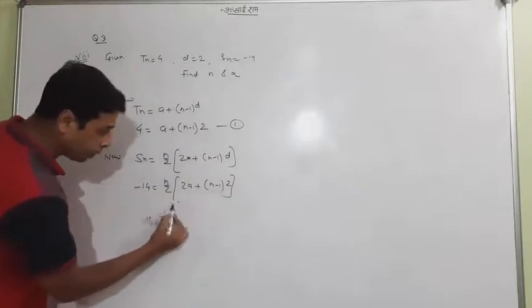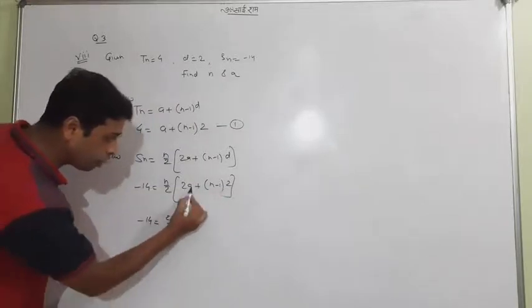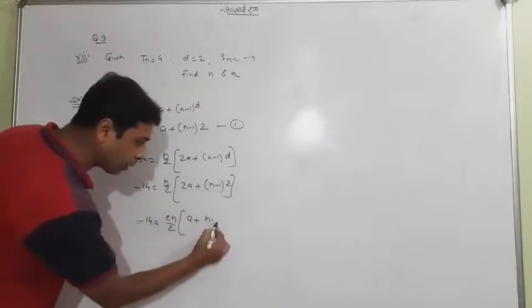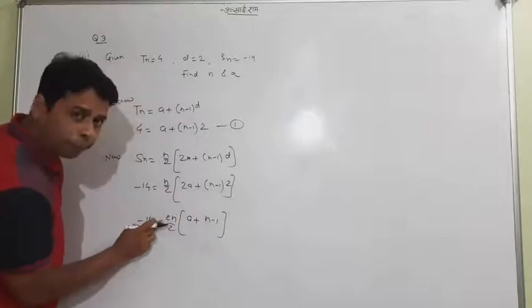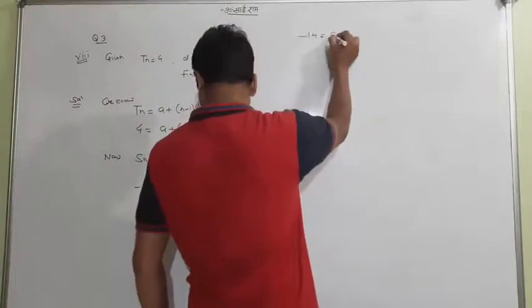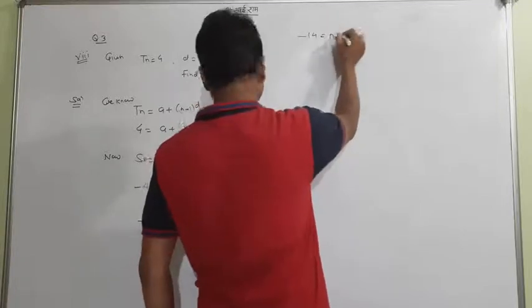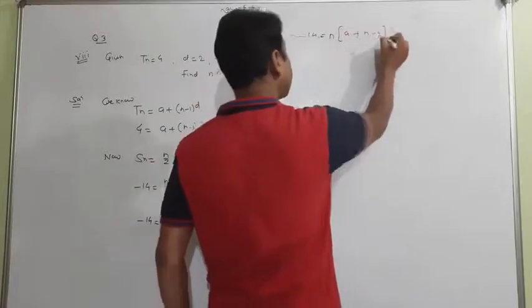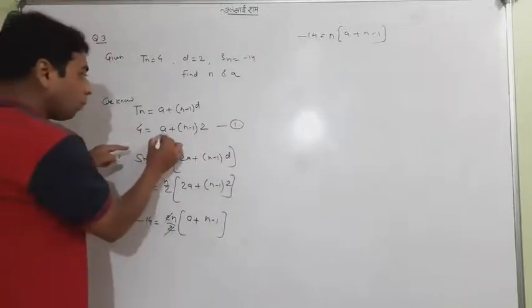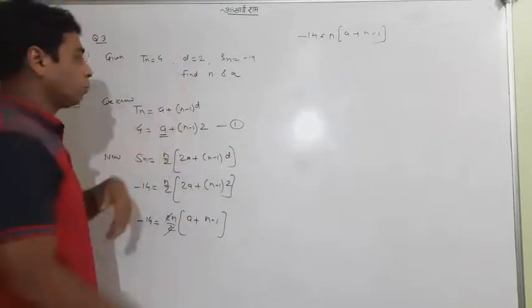It's going to be 2n by 2. So what remains here? a and (n minus 1). 2 and 2 cancel. What remains? Minus 14 equal to n (a plus n minus 1). You have got this equation.